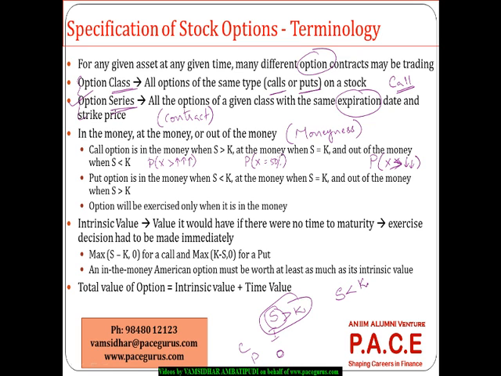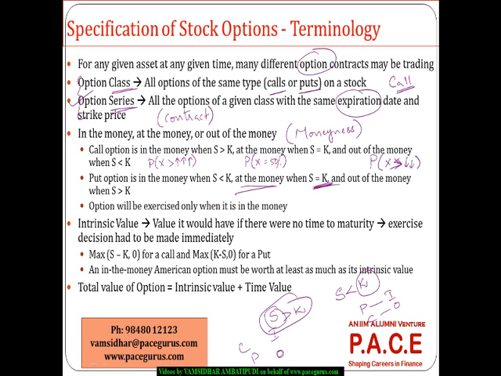Similarly, when the stock price is below the strike price, the put option becomes more and more attractive, because I should be able to sell the asset at the strike price. So the put becomes more and more in the money here, and the call becomes out of the money. But when the stock price is equal to the strike price, both the call option and the put option become at the money.